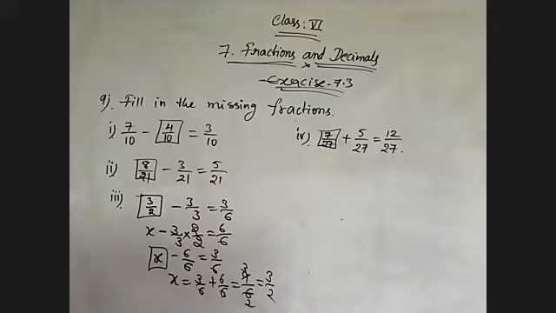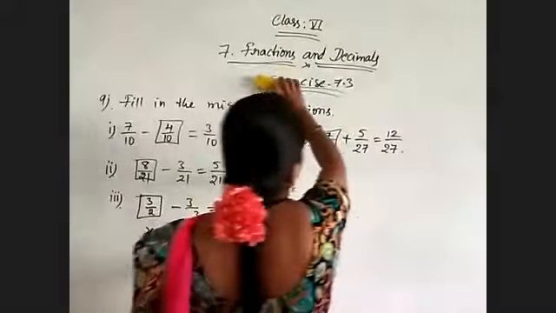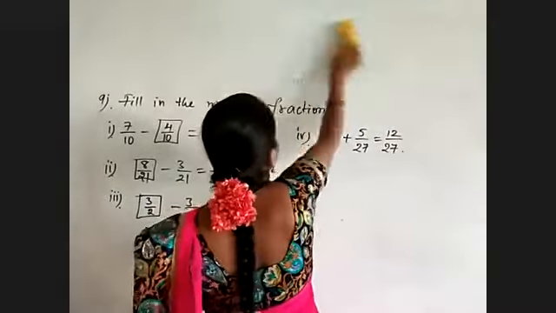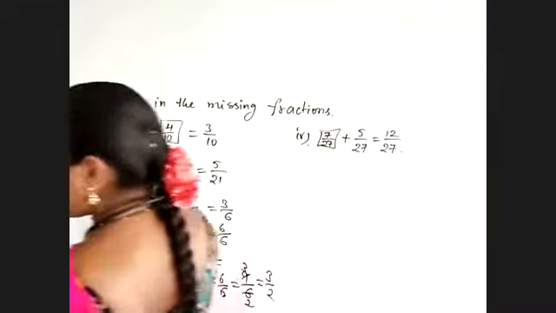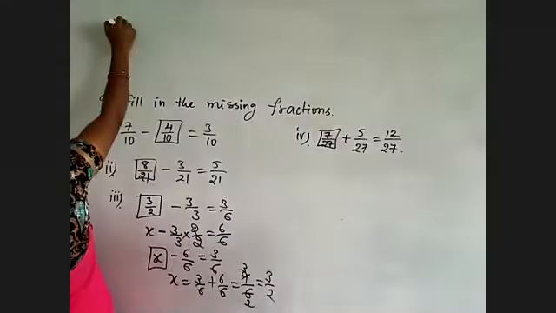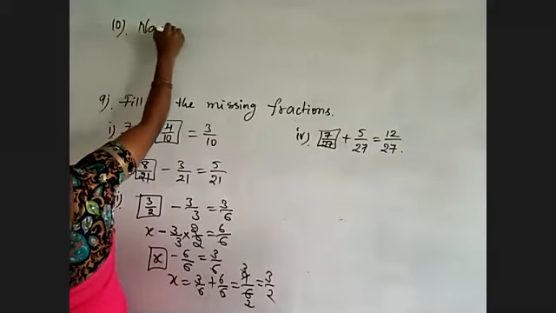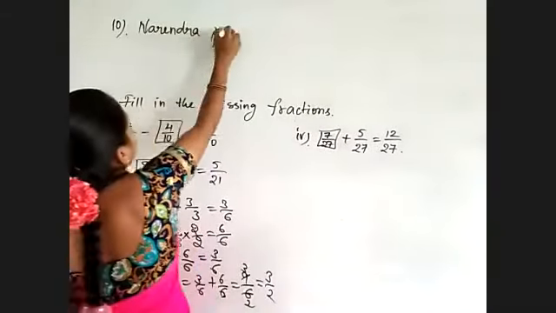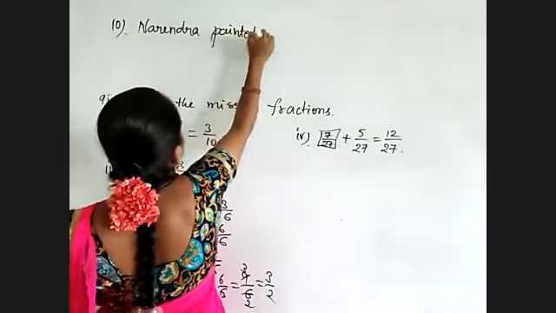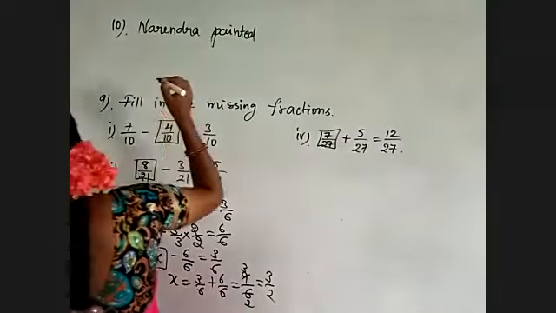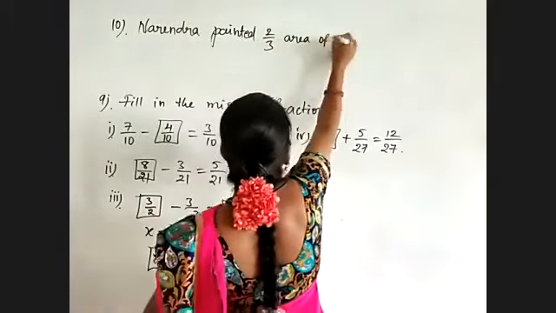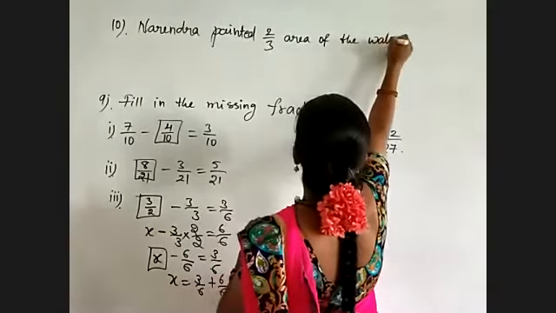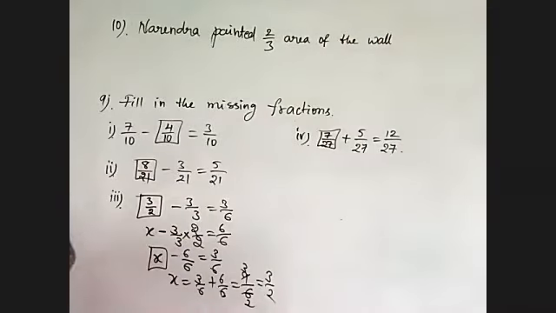And coming to the next word problem related to addition and subtraction of fractional numbers. Tenth problem. Narendra painted two-thirds area of the wall in his room.